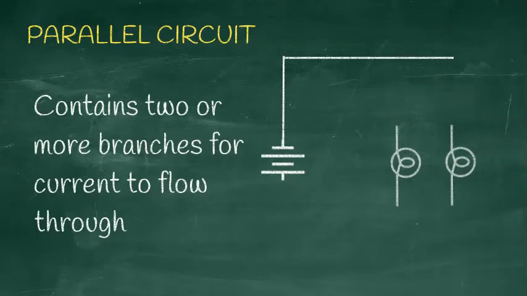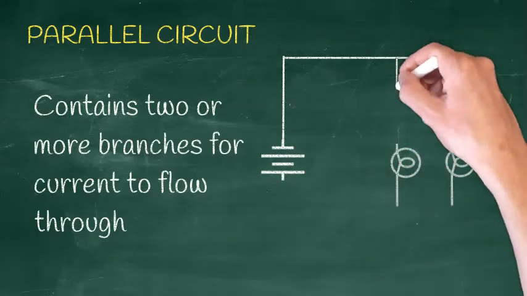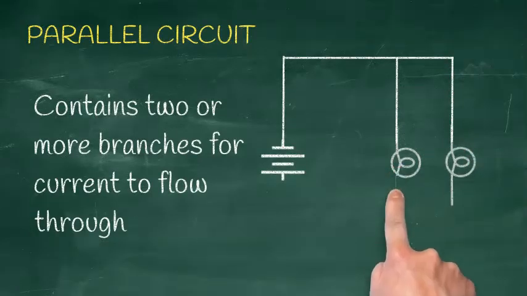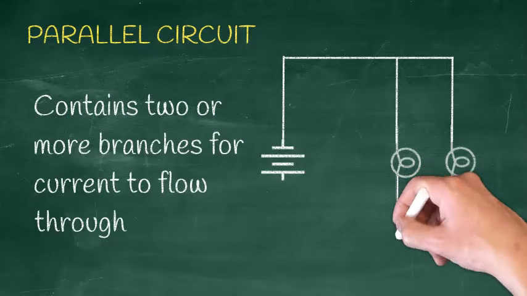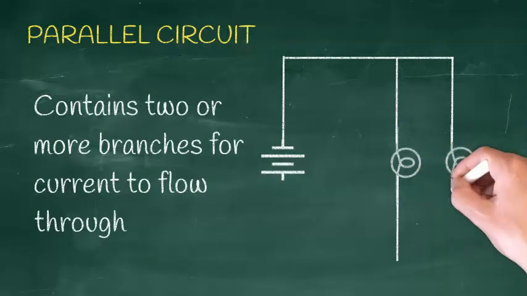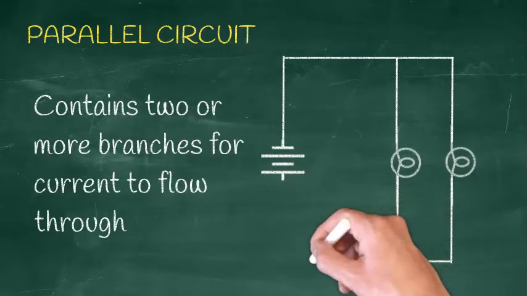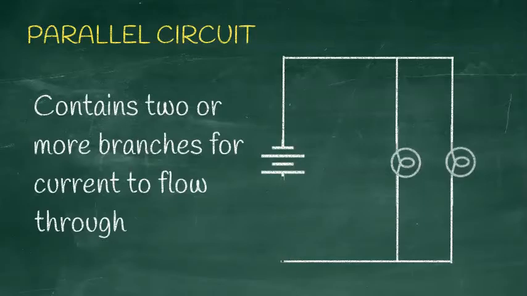You'll see that we're going to have two branches that come off of that main wire to connect those light bulbs to. And so then we'll complete the circuit by attaching it back to the battery. And now we have a completed parallel circuit.